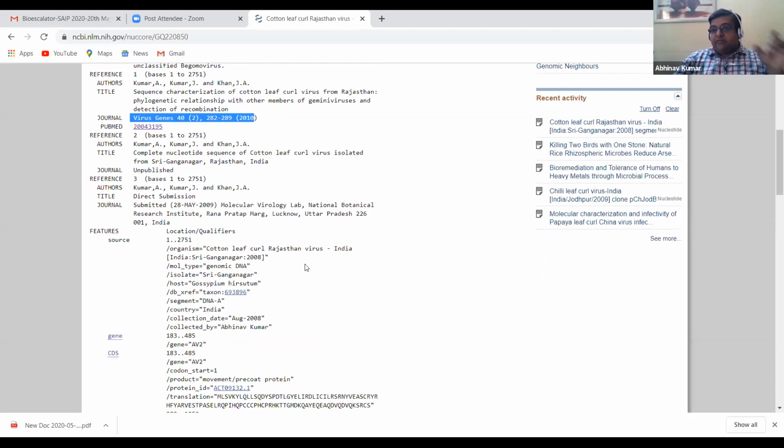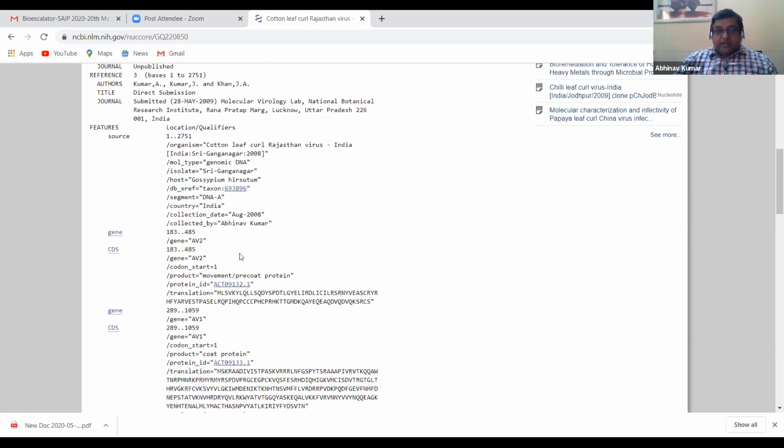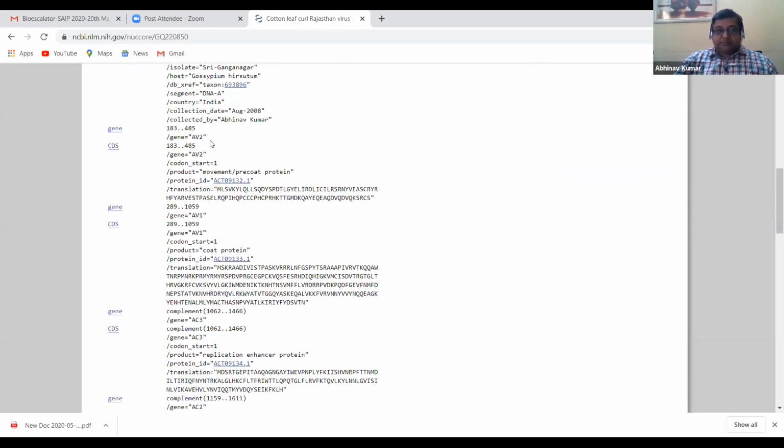And each and every stretch, if it is a whole genome, I have told you that there are so many genes. So identification of genes is one of the most important parts when you are analyzing any genome sequence. So this is the identification of genes which I have done.